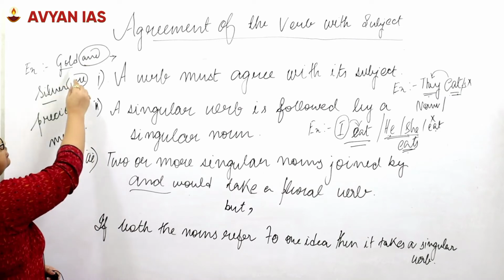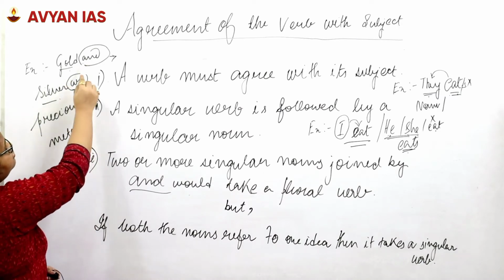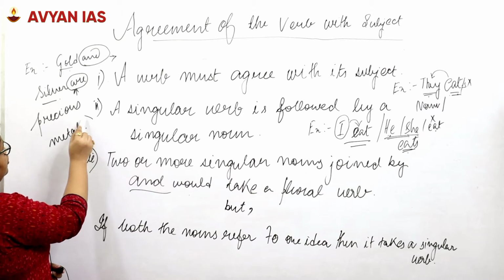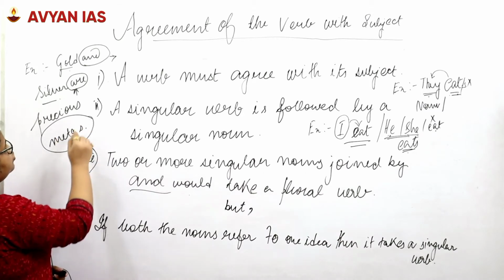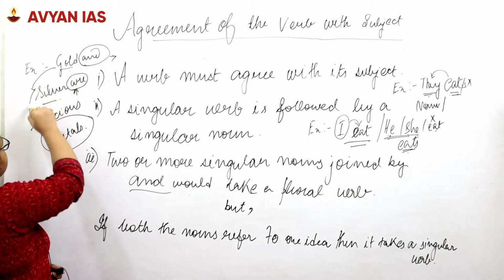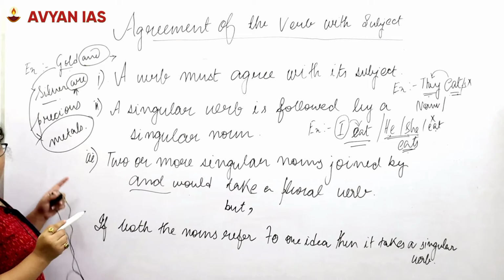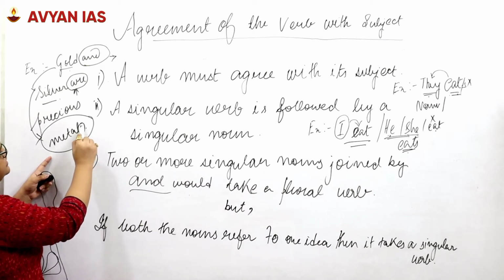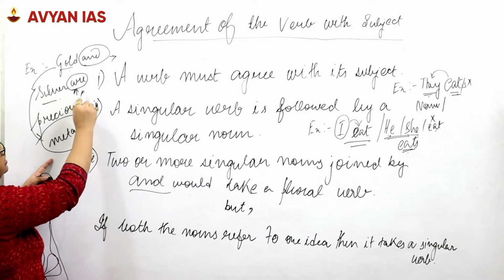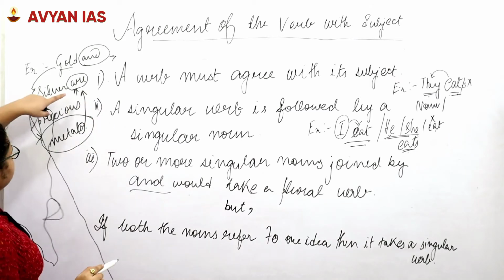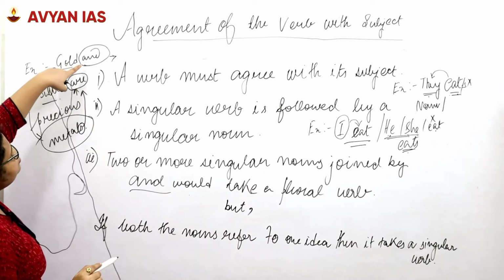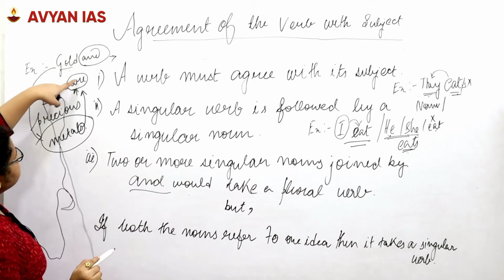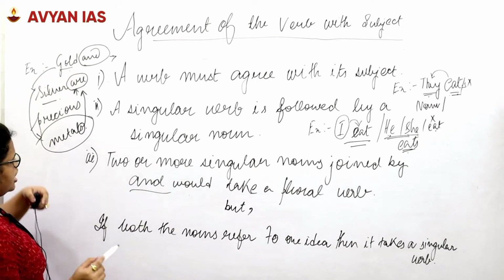Although they are singular in themselves, they are referring to two things at the same time, and both gold and silver together comprise precious metals. Because it is joined by and, this is being treated as a plural subject.